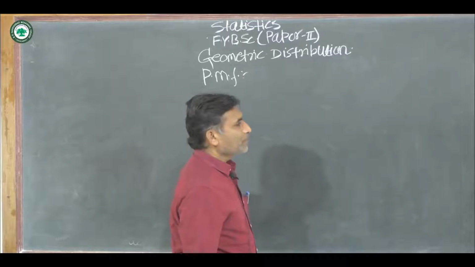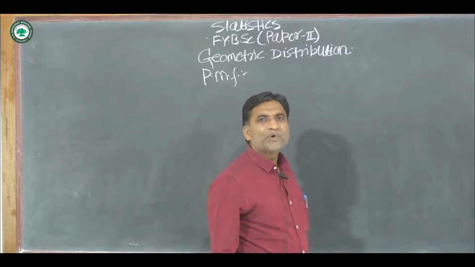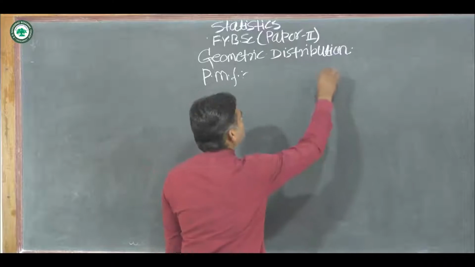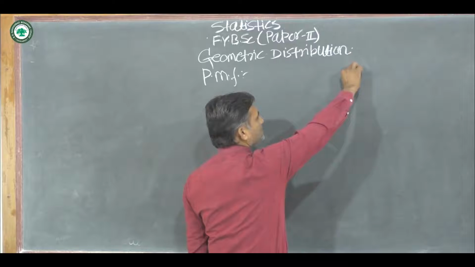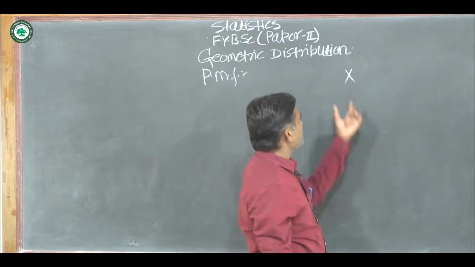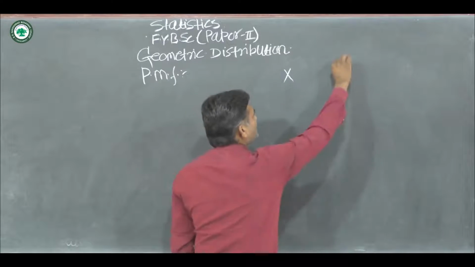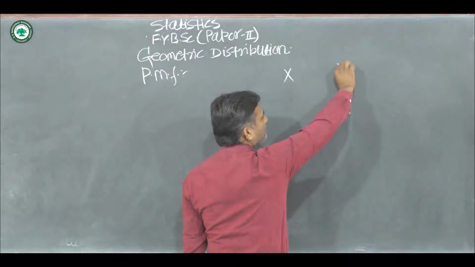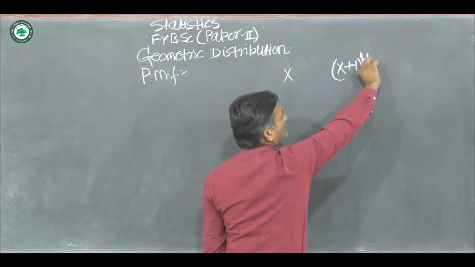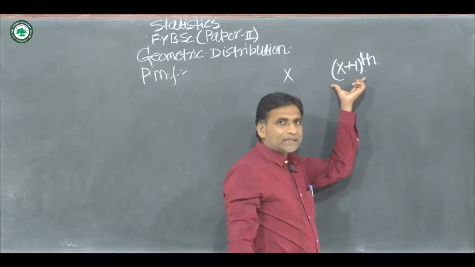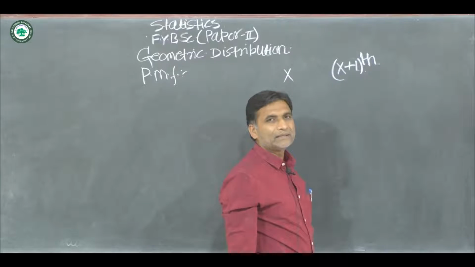Now suppose we have X number of failures before getting the first success. That is, the number of failures before getting the first success is X. Then in the X plus 1th trial the result is a success, which means we get success at the X plus 1th trial.